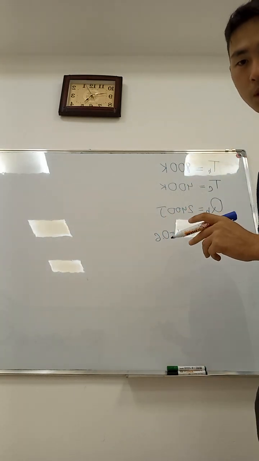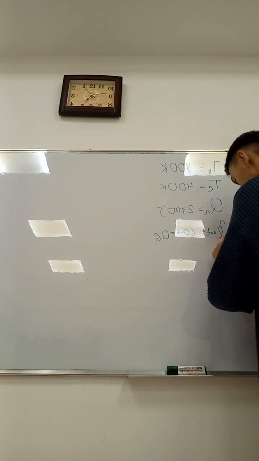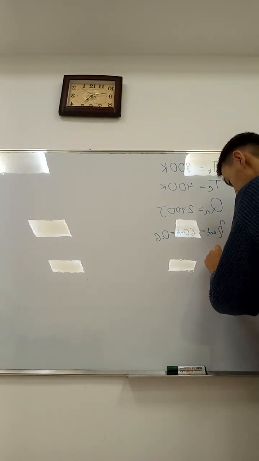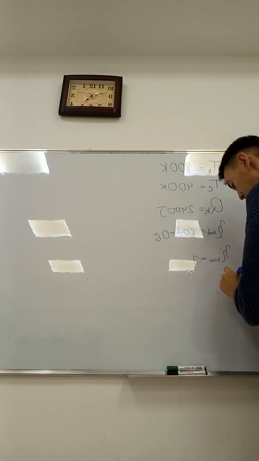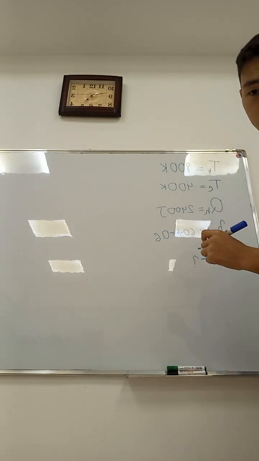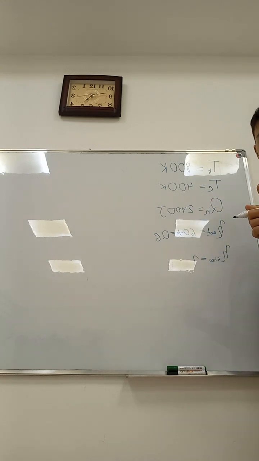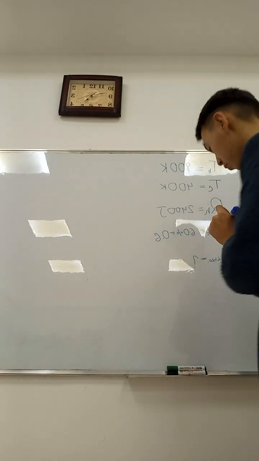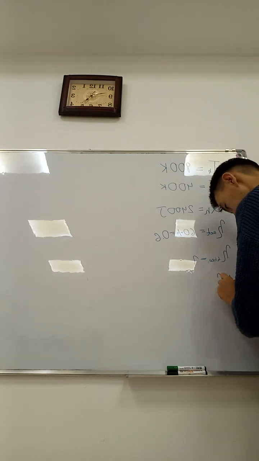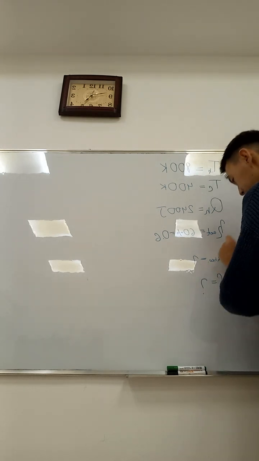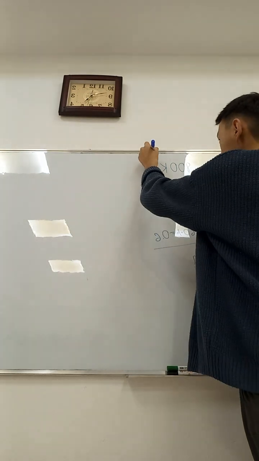What we need to find is the theoretical efficiency and the total entropy change during one cycle, which is marked as delta S.